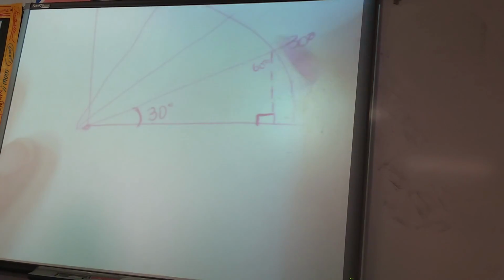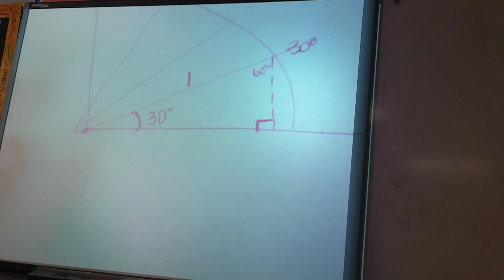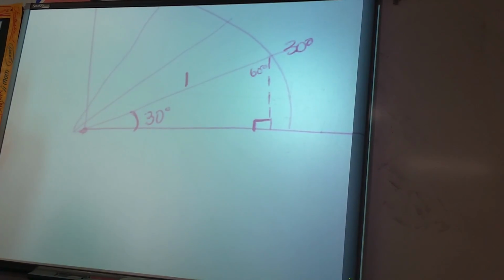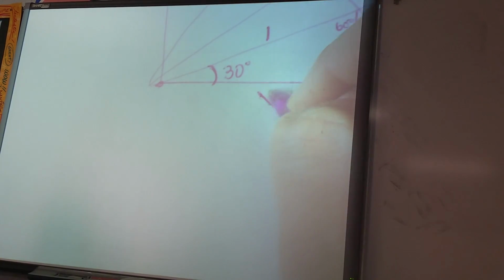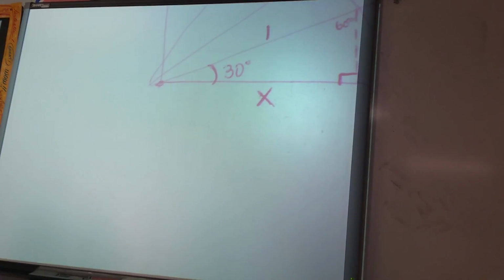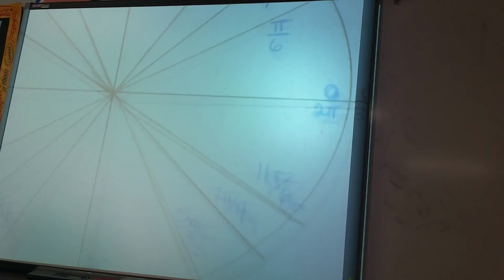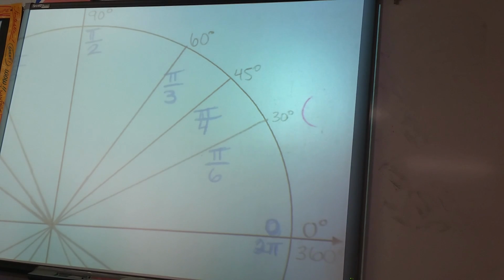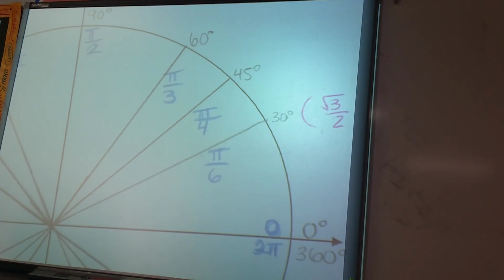Remember, the radius of the unit circle is what? 1. So this looks like what problem from our front page? Yeah. So your x value in this case is the long leg. Your y value in this case is the short leg. So our point x, y, okay, our x value is √3/2, and our y value was 1/2.